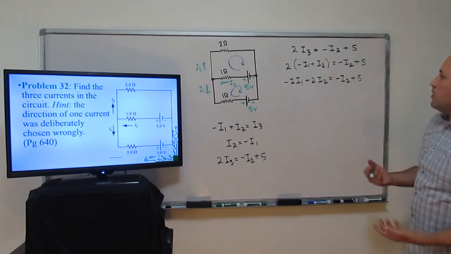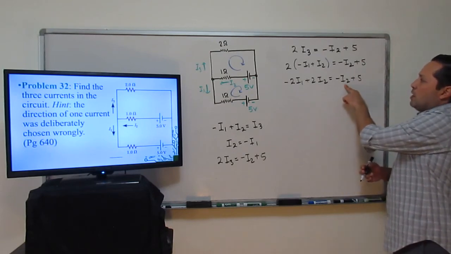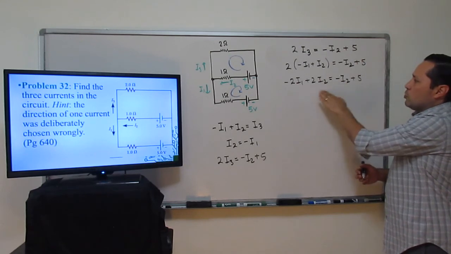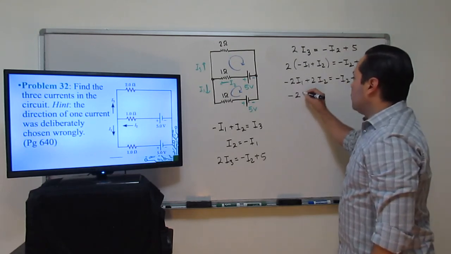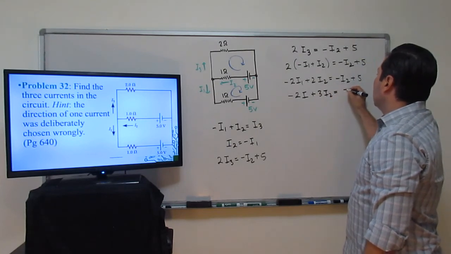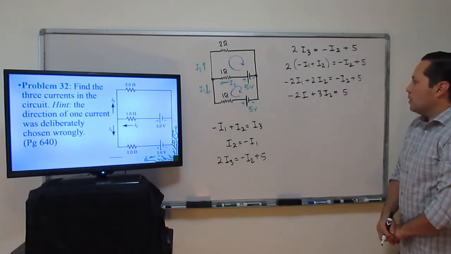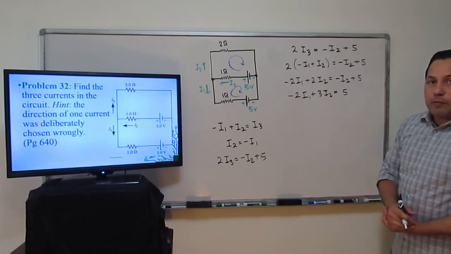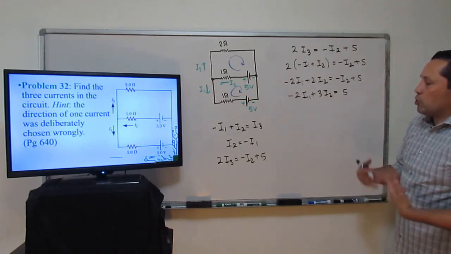Now let's go ahead and combine some like terms. So now we're going to have this negative I2 and this I2. We can go ahead and put them together. So we end up with the following: 2I1 plus 3I2 is equal to 5. All right, so that's the 1 right here. Now we can keep going a little bit further as far as our substitution and do another substitution.